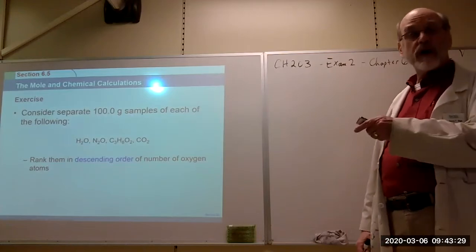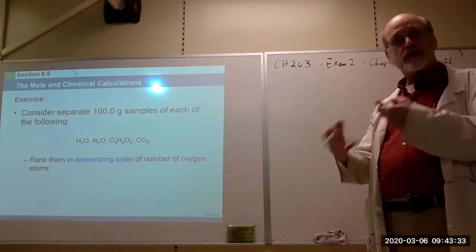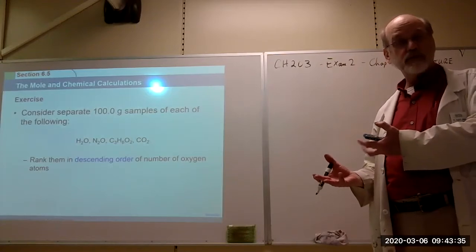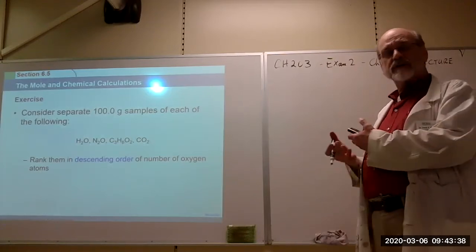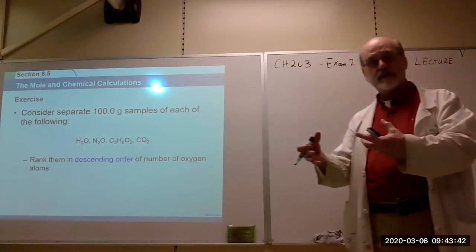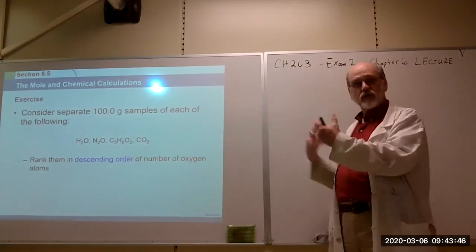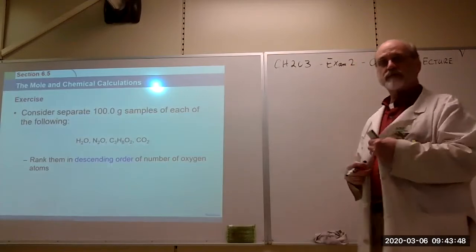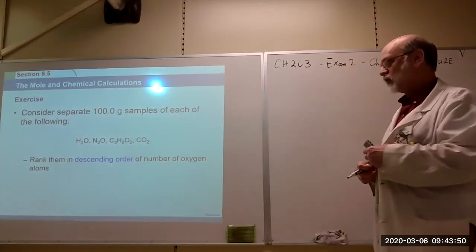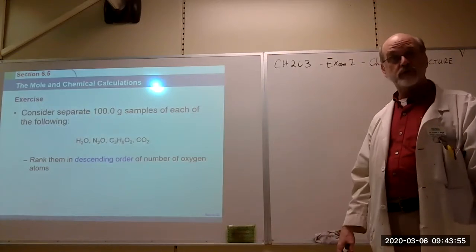When they say number of oxygen atoms, you don't necessarily have to calculate the number of atoms using Avogadro's number. If you calculate the number of moles, moles is a measure of numbers. So as long as you know the measure of that number, you can put them in order. You don't have to waste time calculating actual numbers of oxygen atoms. Just moles of oxygen atoms will do.